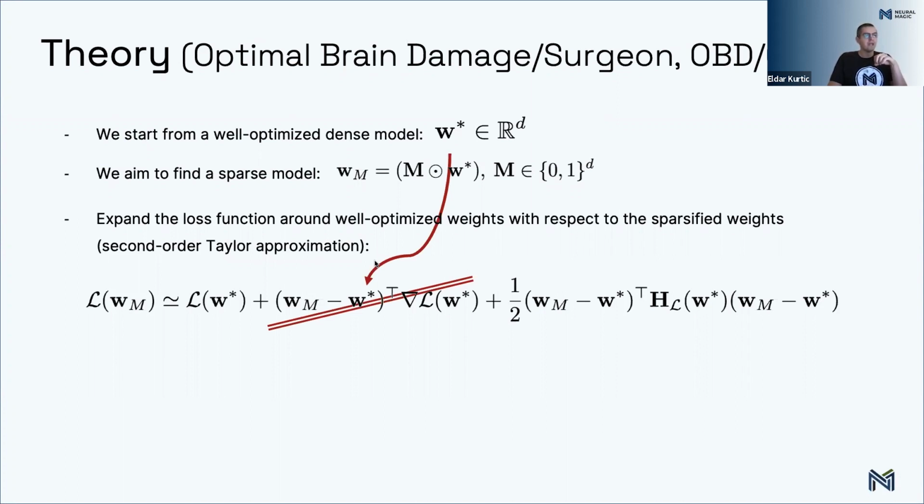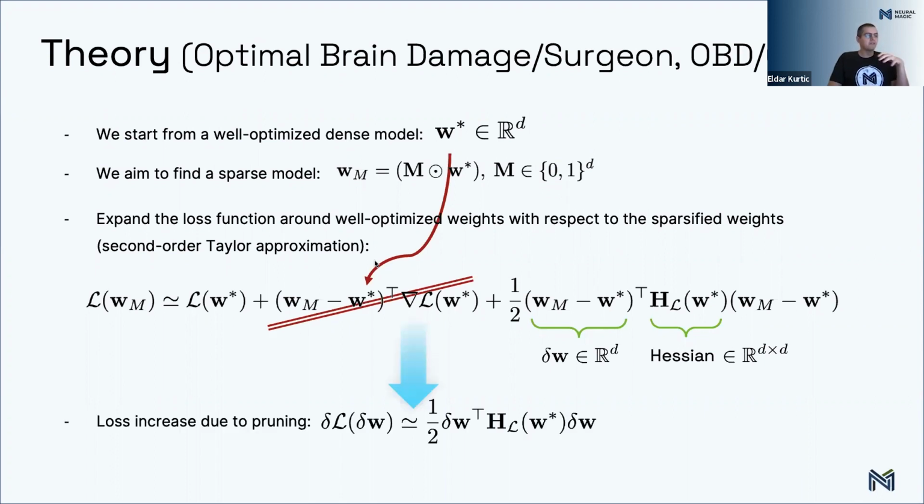Then we can rearrange these terms a little bit, push the loss on the left side, and get the following expression. This quadratic form, which is a positive semi-definite form, gives us an equation to evaluate the loss increase due to pruning. So what would be the effect if we prune away some weights from our network?